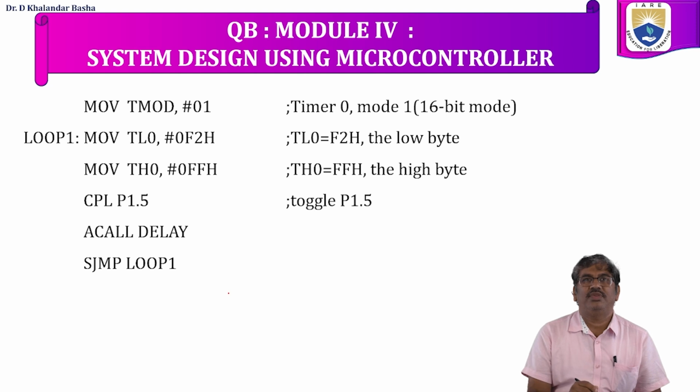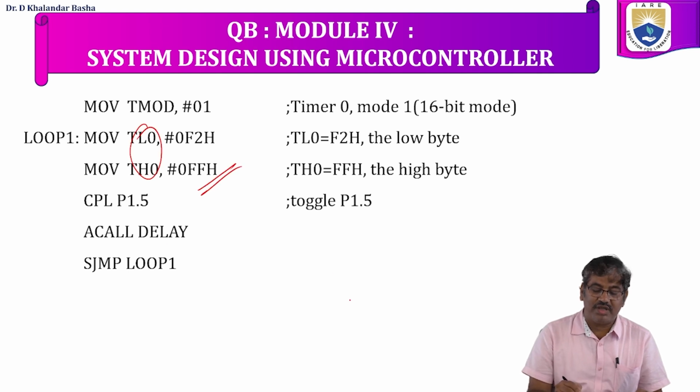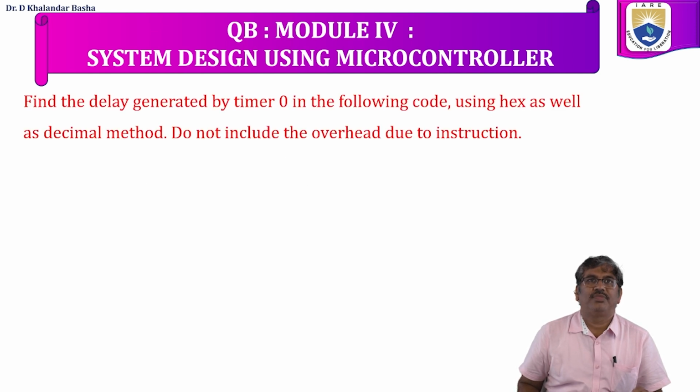So this is the program where we need to find out what delay this program is going to generate. If you observe, here timer 0 is used, and the count which is loaded is FF. And this is the delay program. Now we need to find out what delay is provided.